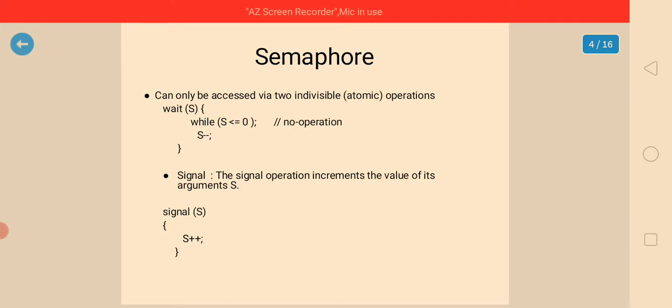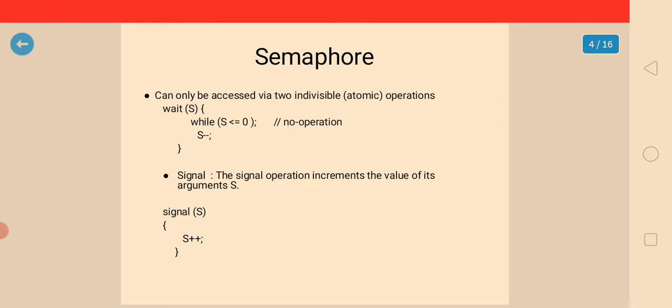Here is the syntax for wait and signal. The semaphore can only be accessed via two indivisible atomic operations. Wait(S): the wait operation uses the argument in brackets, while S is not equal to 0, no operation is performed. Then S minus minus, and then close the wait operation.